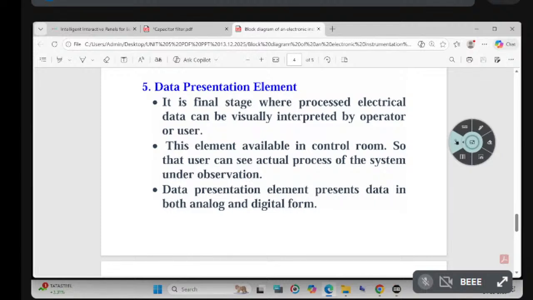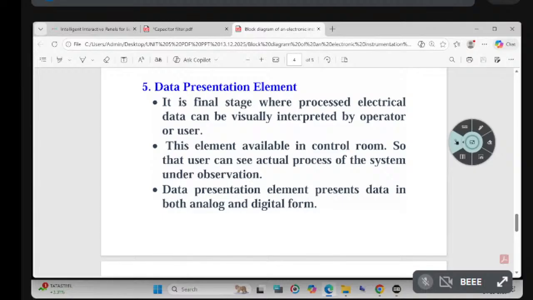Today, how many questions are completed? Six. What are the questions? First one: V-I characteristic of Zener diode. Second one: Zener diode as a voltage regulator.